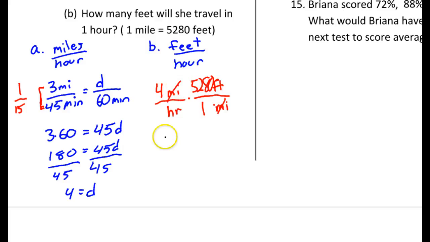Miles cancel out. Now I know I can do 4 times 5,280. We get 21,120 feet. And that's in 1 hour, per hour.